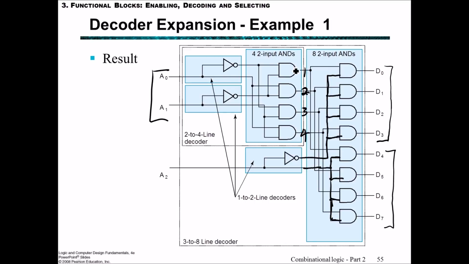And the 4 outputs of the first 2 to 4 line decoder are connected to D0 and D4 for the first output, 1 and 5 for the second, 2 and 6 for the third, and 3 and 7 for the fourth.